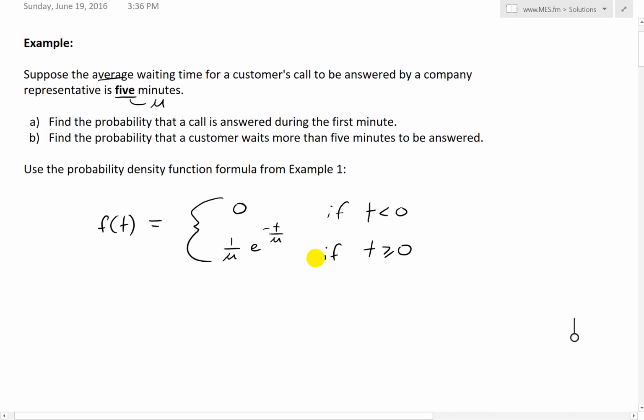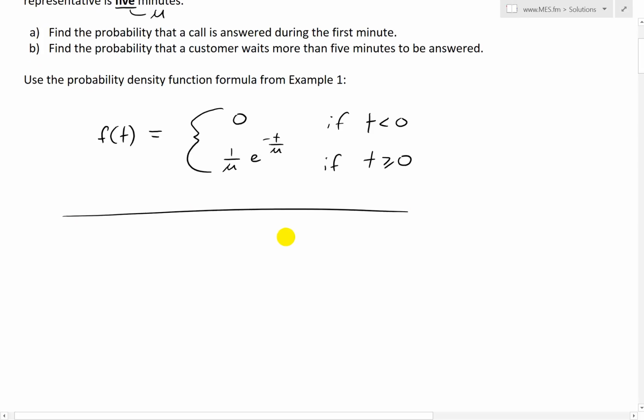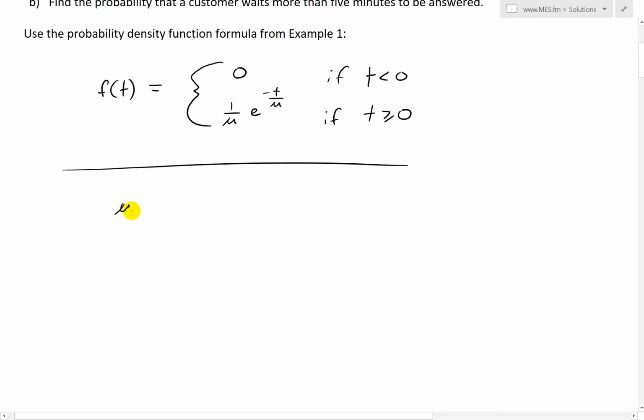So let's look at part A. Before we get to part A, let's write this down, because mu is equal to 5. Mu is equal to the mean value or the average. Let's write this a bit neater.